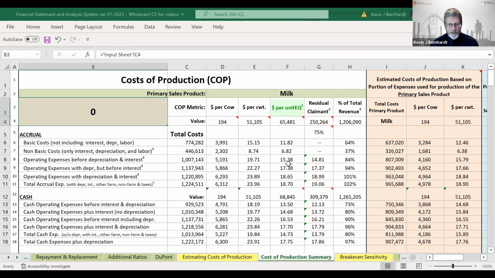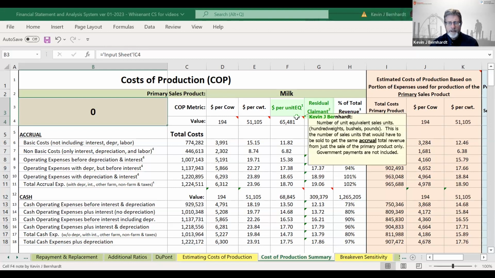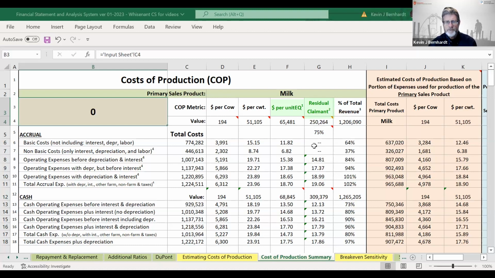They may also have some cow sales, etc. And so this column F, unit equivalent, and column G, residual claimant, are both ways to make an adjustment for those other types of enterprise costs. So what you're left with is just a milk enterprise cost in this particular case study. Or if we were doing a corn case study, just a corn cost of production, etc. So in terms of what unit equivalent is and what residual claimant is, I'll refer you back to those articles that we referenced earlier.